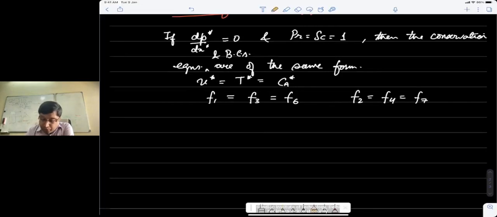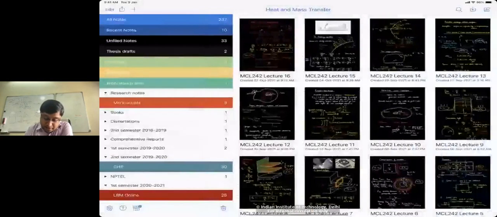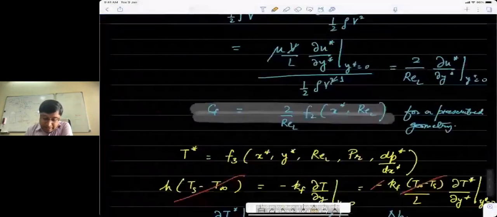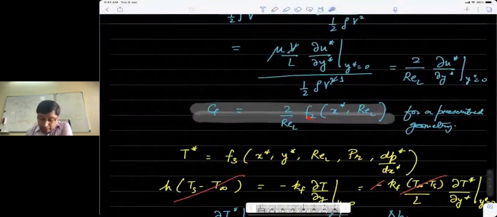Now note that f2 was related to the skin friction coefficient, f4 was related to the Nusselt number, and f7 was related to the Sherwood number. And I'm saying related, I'm not saying they're equal, because there's a subtle difference. If I go back to the previous lecture, you see that f2 actually goes as Cf into Re_L by 2.